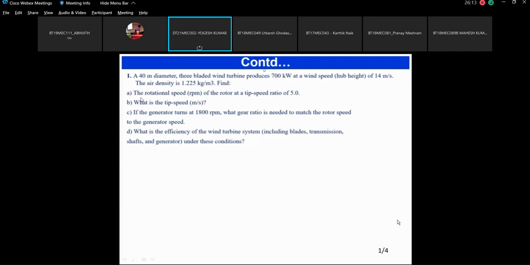We have to find the rotational speed in RPM of the rotor at a tip speed ratio of 5.0. So you write down the complete numerical in your notebook and then we'll go to the next slide.